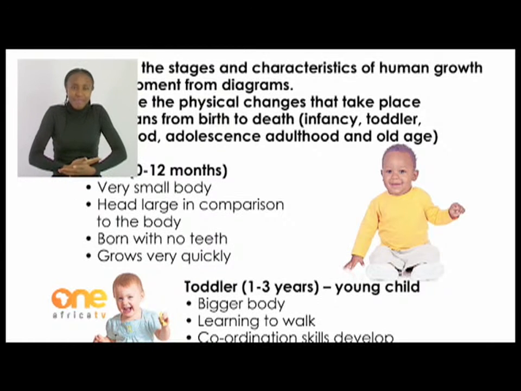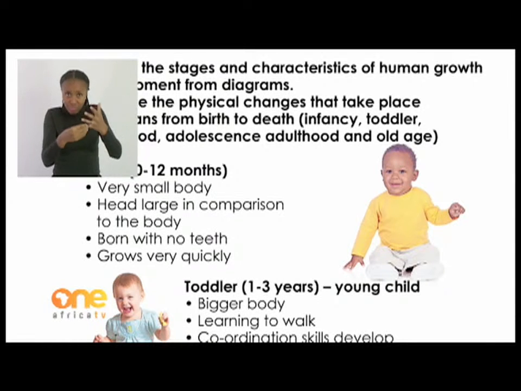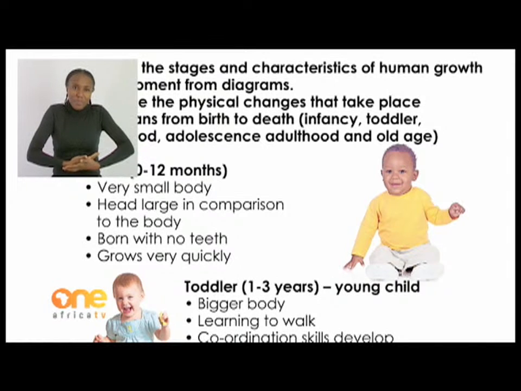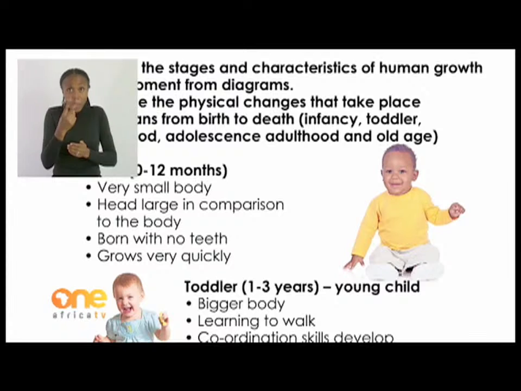How did we look when we were babies? We were very small in body. Our heads were a little bit bigger compared to our bodies. We were all born without teeth, and that's the stage where we normally grow very quickly. Those are the characteristics of an infant, the newborns. And on your right-hand side there, you can see a picture of an infant.